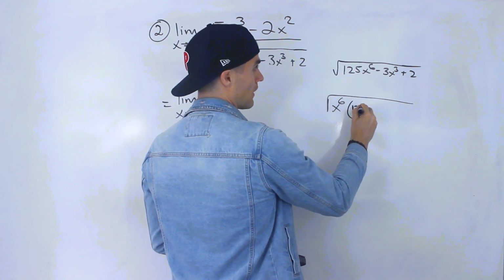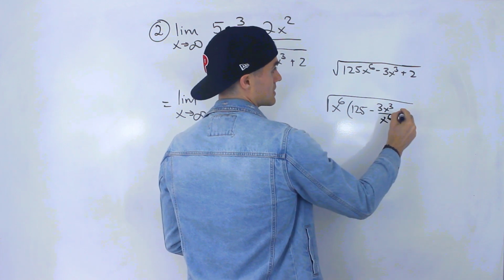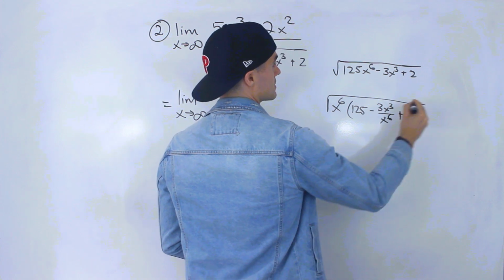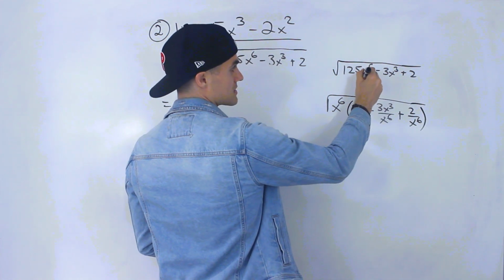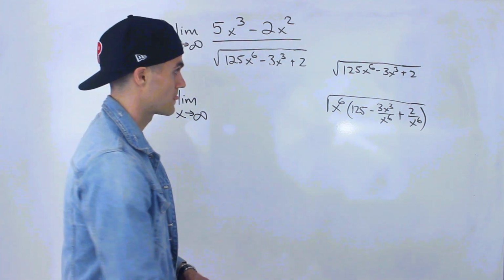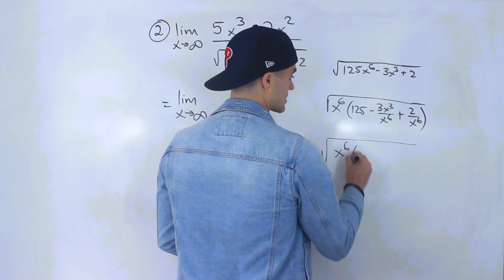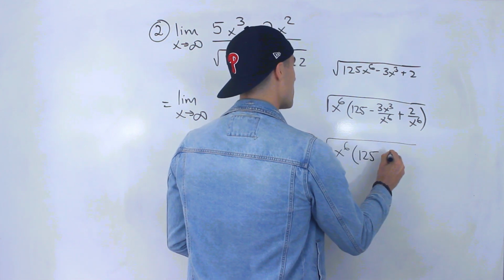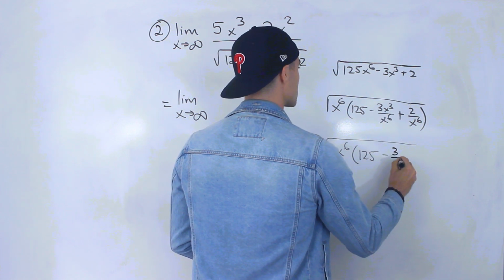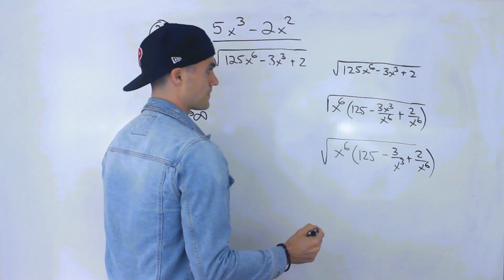We'd be left with 125 minus 3x to the 3 over x to the 6 plus 2 over x to the 6. And then this, we divided by x to the 6, the x to the 6 is canceled out, so we're just left with 125. And if we simplify, 125 minus x to the 3 over x to the 6 would be 3 over x to the 3, plus 2 over x to the 6.